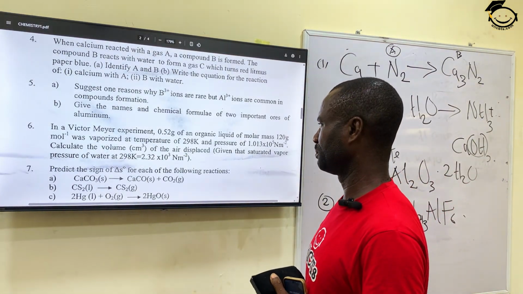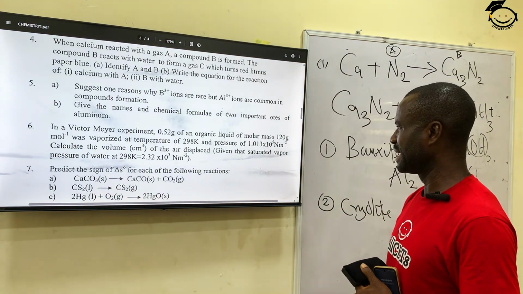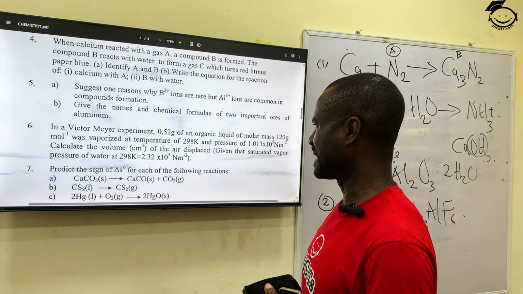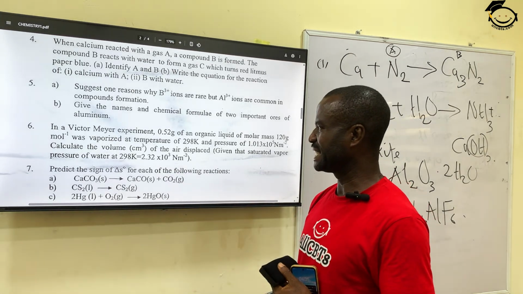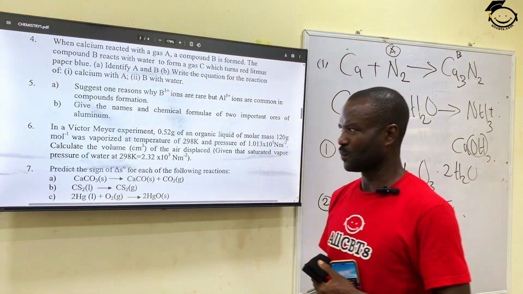Calculate the volume in cm³ of the air displaced, given that the saturated vapor pressure of water at 298 Kelvin equals 2.32 times 10 raised to power 3 Newton per meter squared.